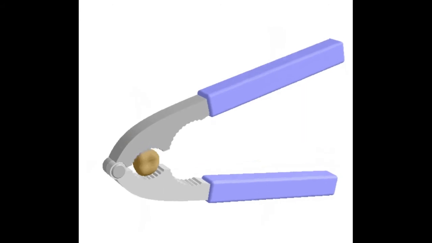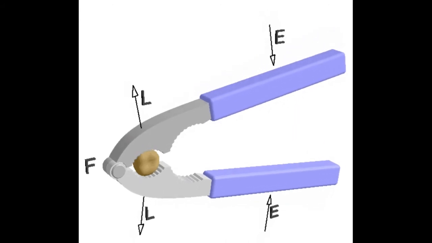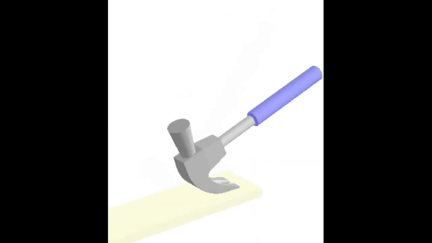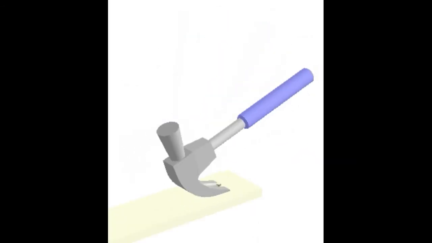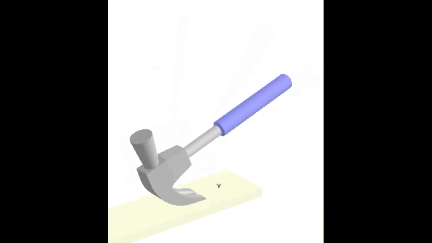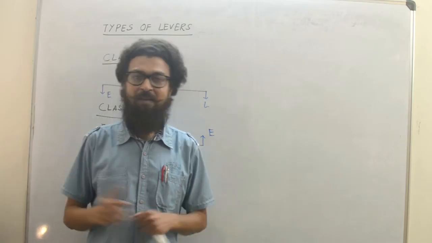Now we'll move to the next topic. Just see what types of machines we have, and the first type we are going to do is lever. Okay, check it out. Levers.